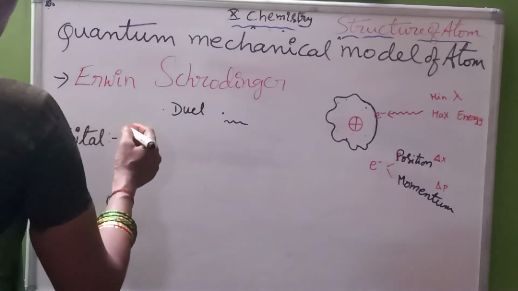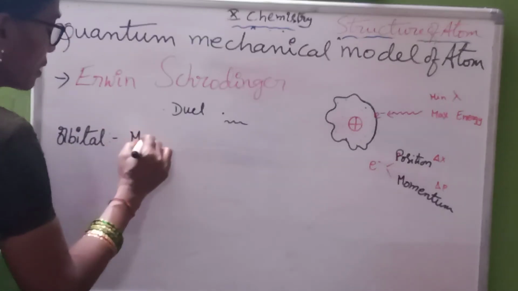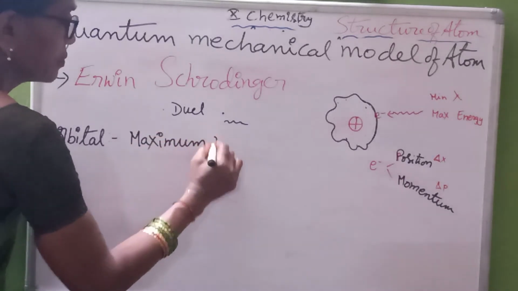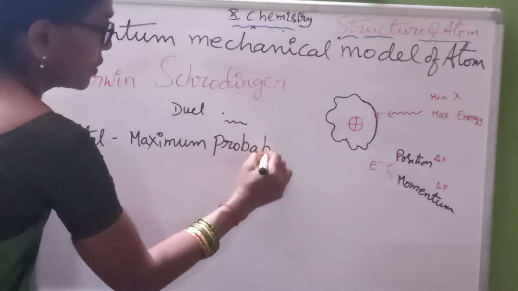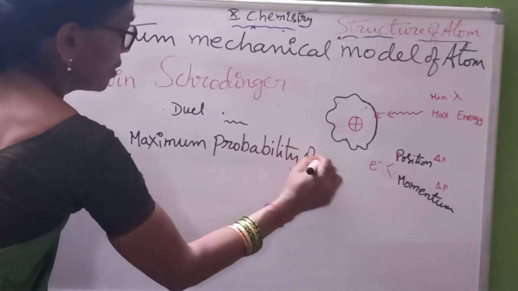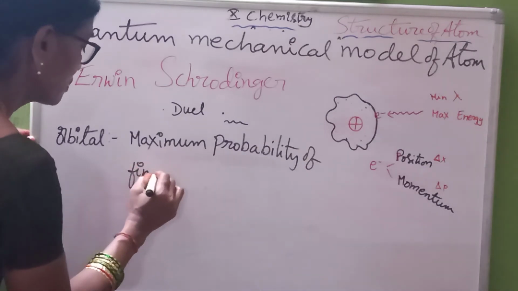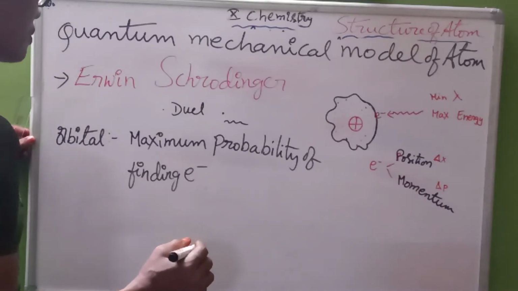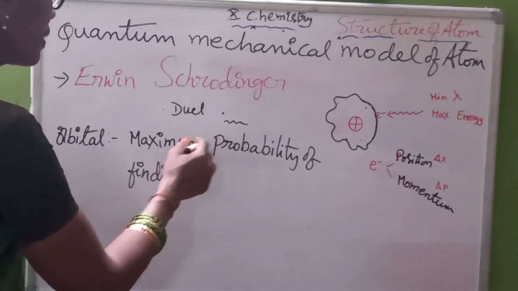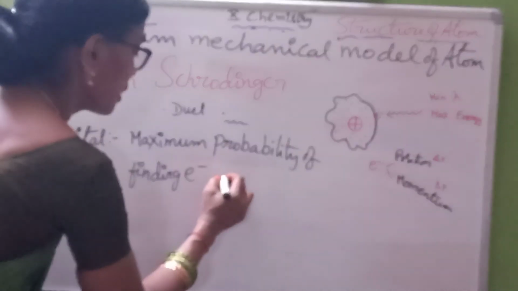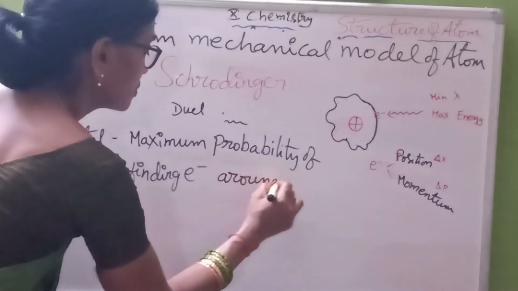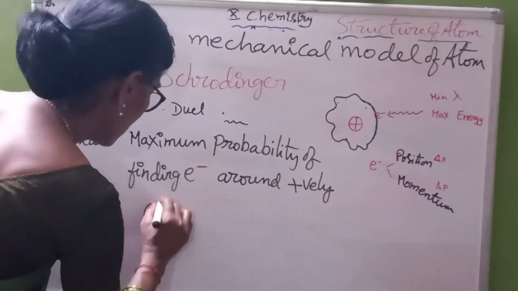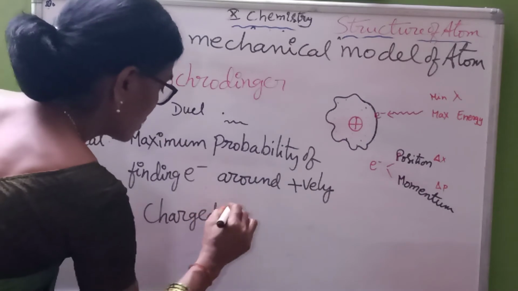Orbital means the maximum probability, or the finite probability, of finding the electron around the positively charged nucleus.